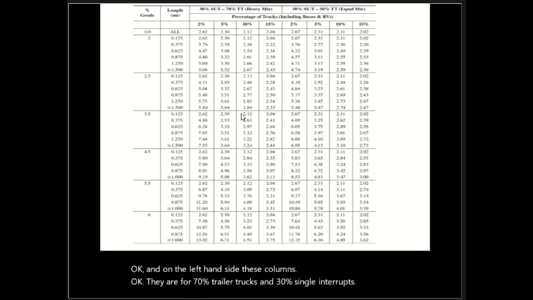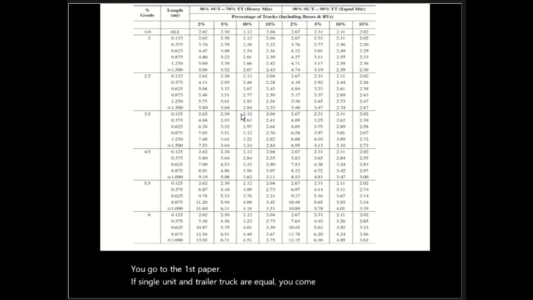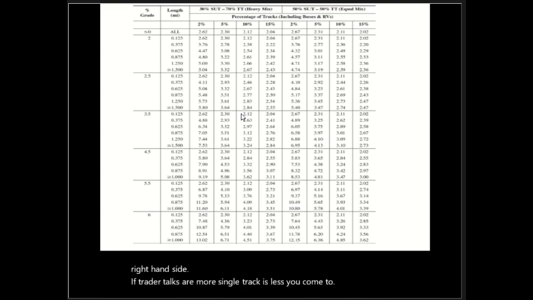So there are three possibilities, right? Single unit trucks are more, you go to the first table. If single unit and trailer truck are equal, you come to this table on the right hand side. If trailer trucks are more, single unit trucks less, you come to the left hand side. Got it? So two tables for three conditions.